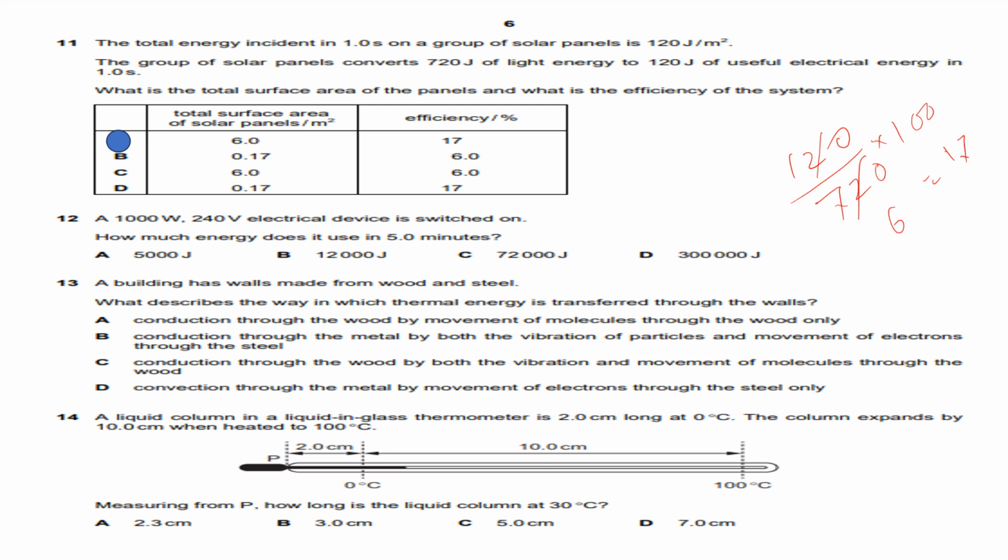A 1000 watt and 240 volt electrical device is switched on. How much energy does it use in 5 minutes? So energy, here W equals VIT or PT. (1000 watt) and 5 minutes.